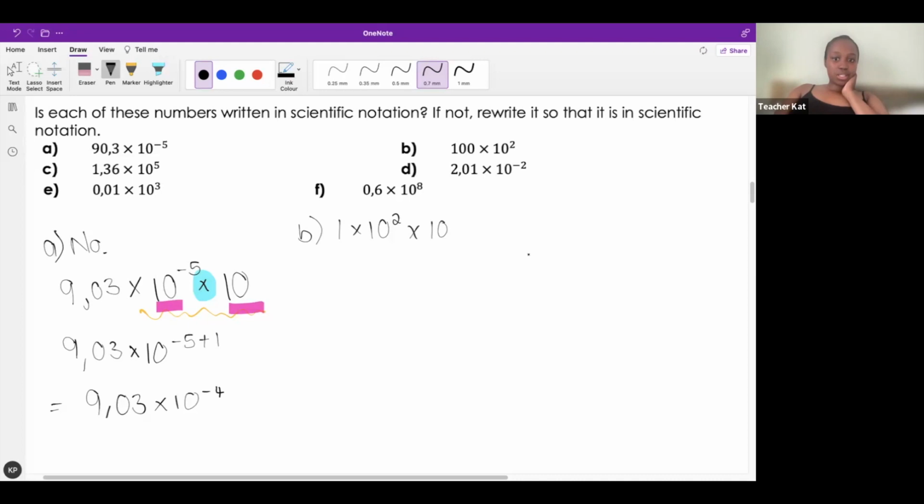Left, so the exponent is positive. How many times did we move it? Remember, it was at the end there, and we moved it to there. Twice. Now let's add our exponents. It's going to be 1 times 10 to the power of 4. Nice, guys.